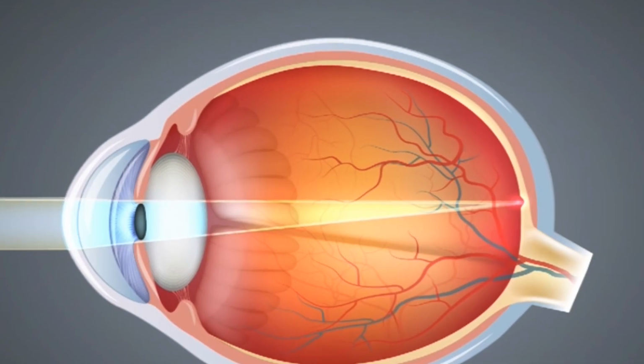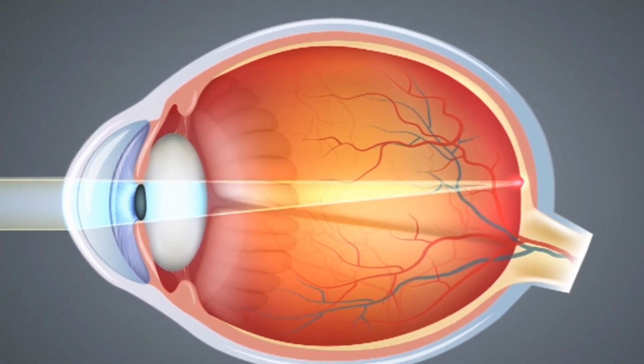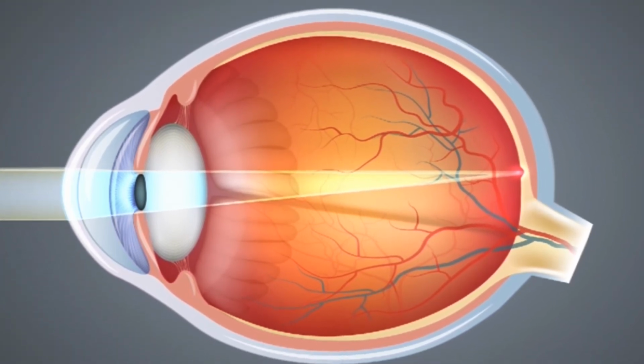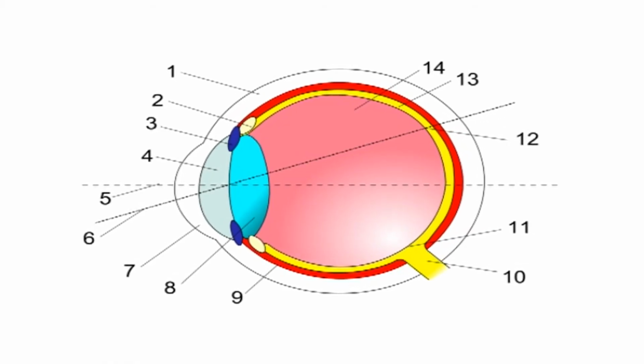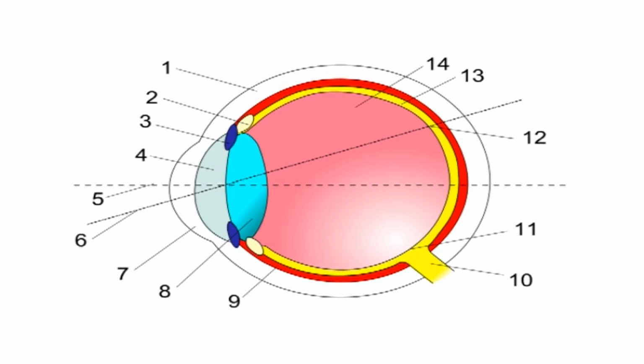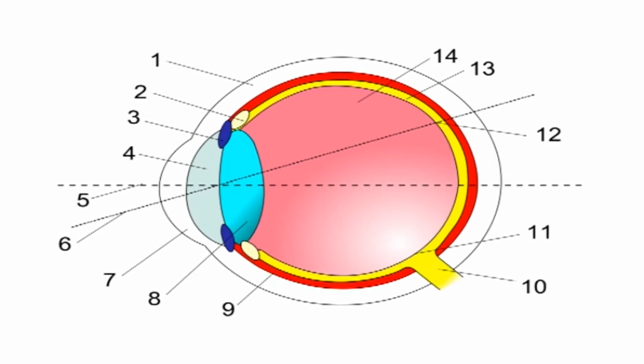Please see the figure, which is a diagram that shows the drainage angle of the eye. This diagram of the front part of the eye is in cross section to show the filtering or drainage angle. This angle is between the cornea and the iris, which join each other right where the drainage channels, trabecular meshwork, are located.